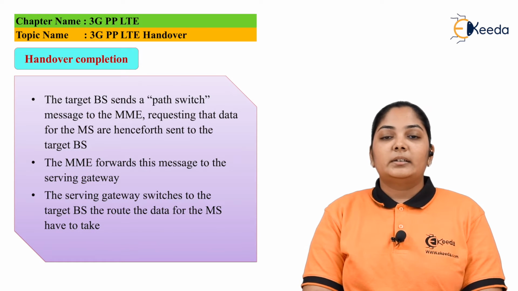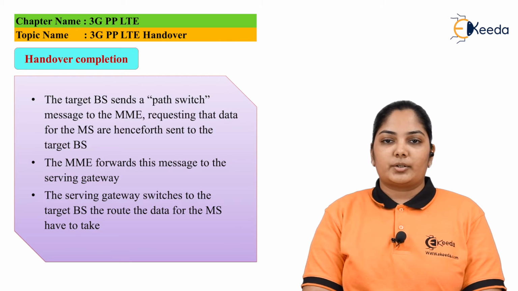This means that the target base station is sending a change of path message to the MME, and it is requesting that henceforth all the data for this mobile station should be sent to the target base station, and from here the communication will start towards the mobile station.